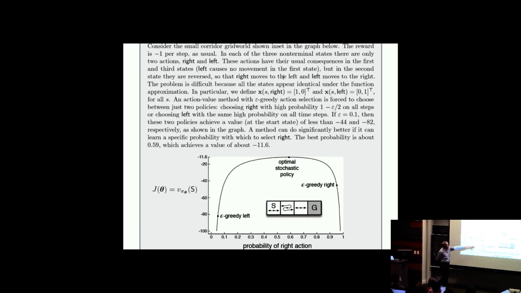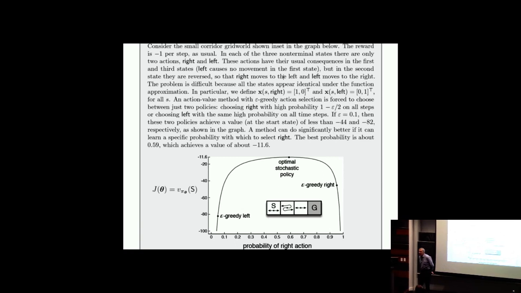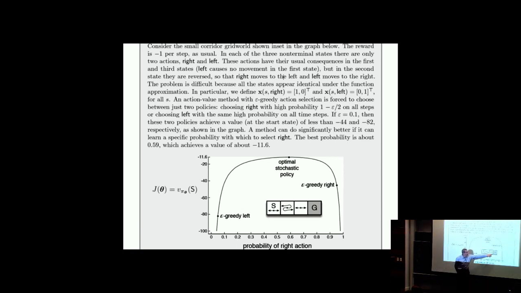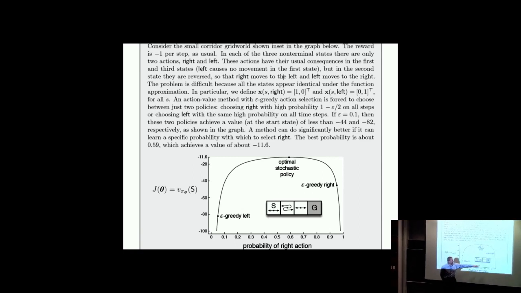So here's an example of a simple reinforcement learning problem that illustrates why we might want to learn stochastic policies. It's a grid world with an absorbing goal state. We have a reward of -1 every time we take an action until we get to the goal state, then it's over. So basically, we want to minimize the number of steps to get to the goal state.